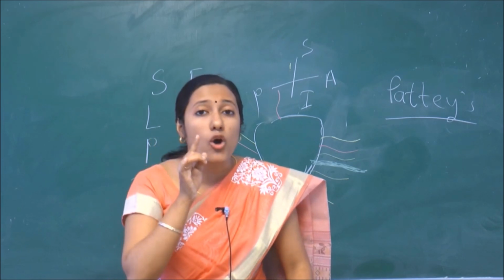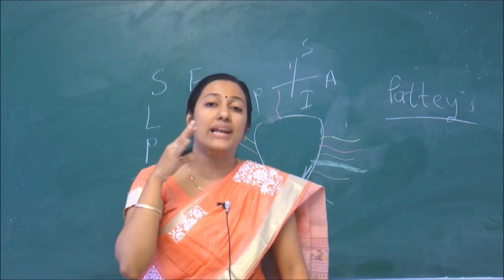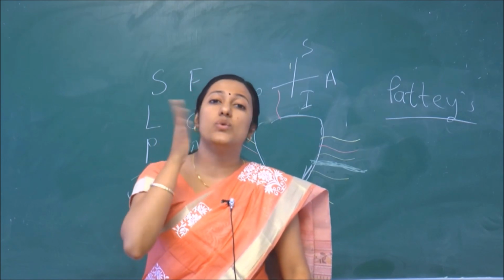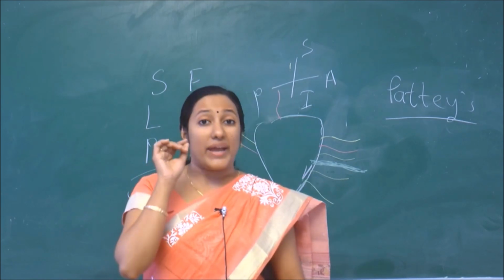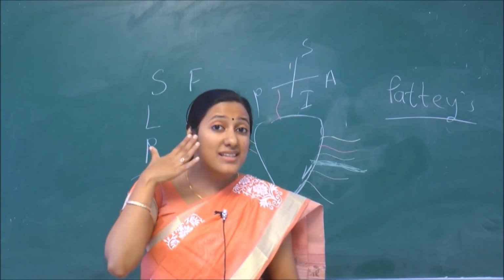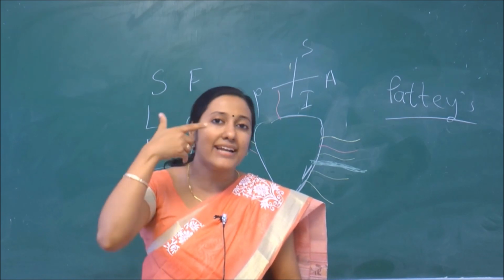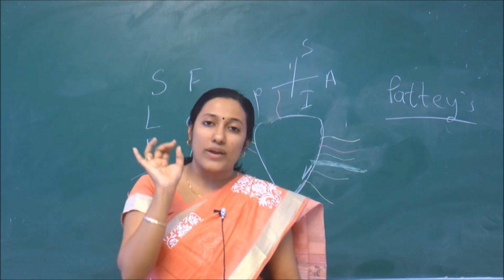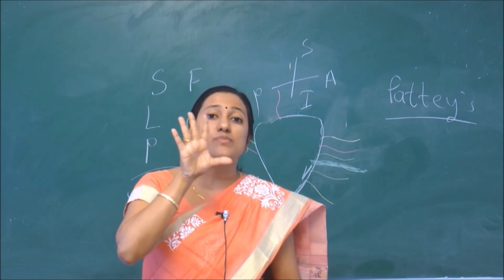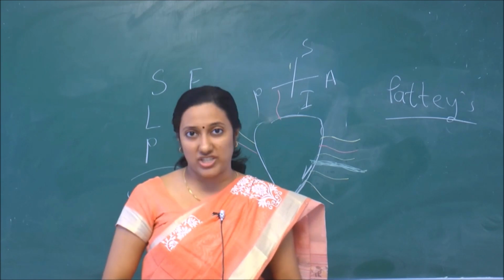So, any block inside this duct will lead to swellings in the gland and also decreased salivation. Any block in the parotid duct is extremely important, because it is this duct which carries the secretions from the gland to the vestibule. So, any block will cause manifestations in the parotid gland and also decreased salivation.